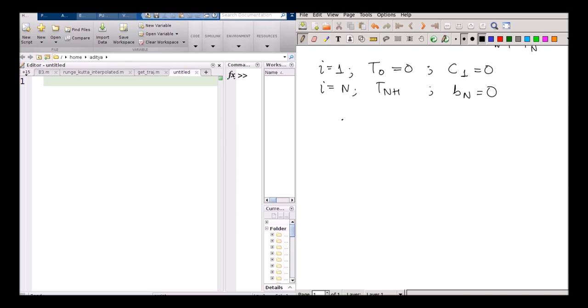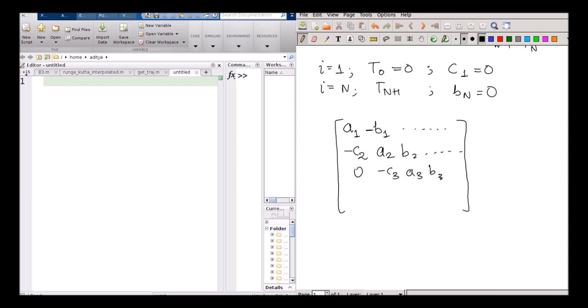if I write it down in the form of a matrix, will look something like A1, minus B1, 0, 0, 0, 0, 0. Over here we have minus C2, A2, minus B2, 0, 0, 0, 0, 0, minus C3, A3, minus B3, 0, 0, 0, all the way up to minus Cn and An.